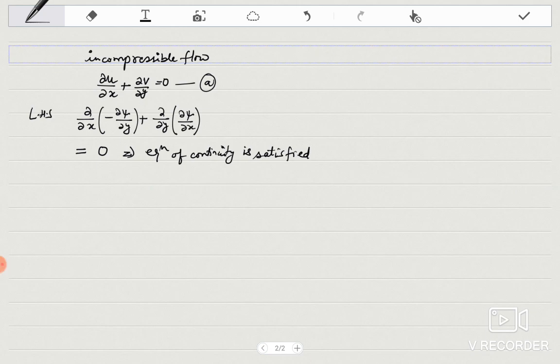Now conversely we may say that if psi is constant along a line, then that line will be a streamline.